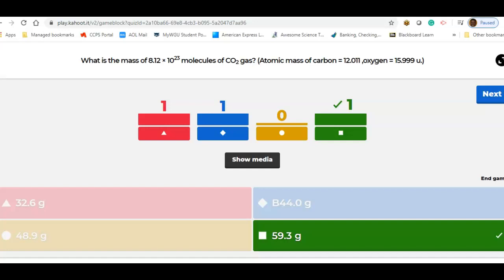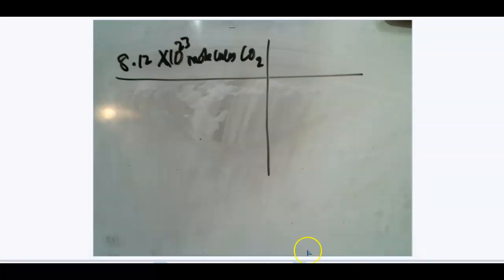All right, let's see what happened. What is the mass of 8.12 times 10 to the 23rd molecules of CO2 gas? The atomic mass of carbon is 12.01, oxygen is 15.99. All right, let's go back to the class. This is what you are given. You're looking for the mass of CO2.